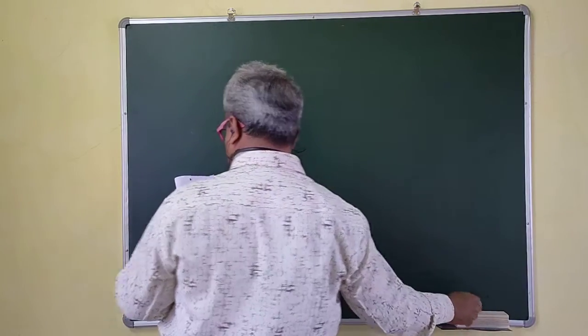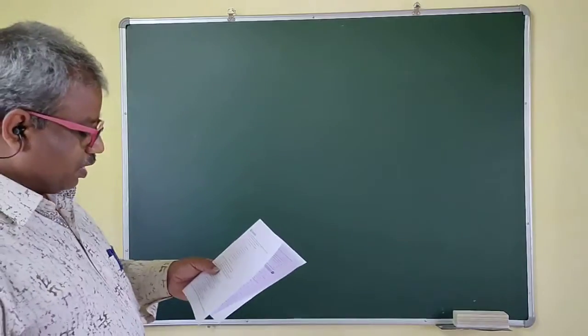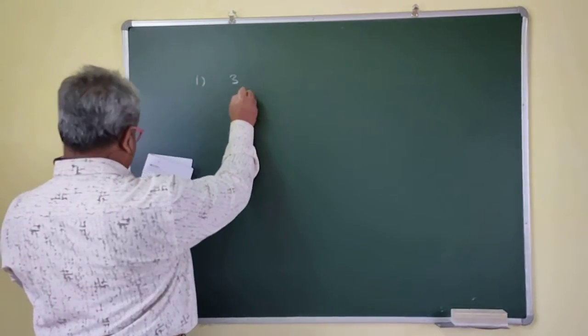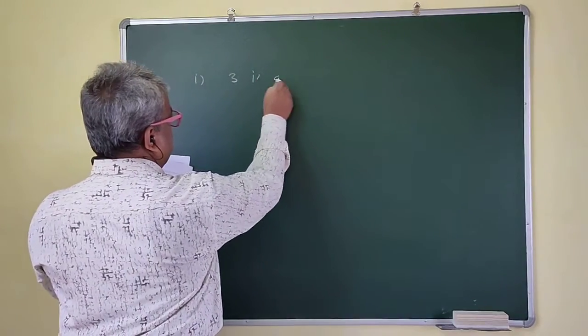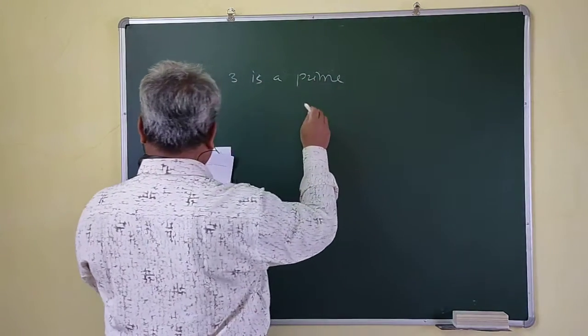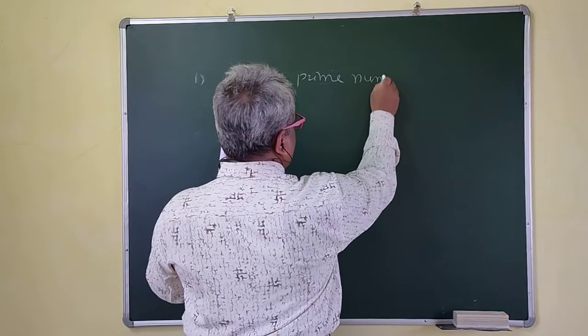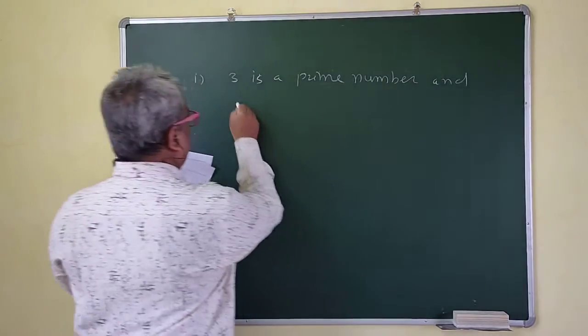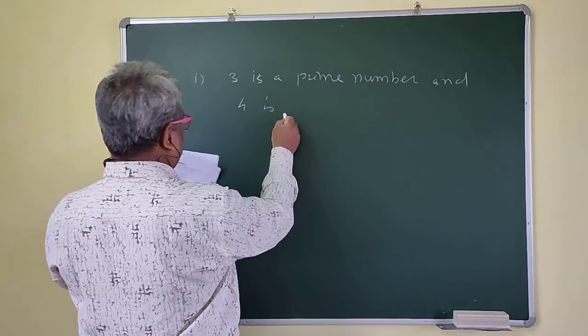Now here you have to write the truth value of the statement. So first one: 3 is a prime number, and 4 is a rational number.